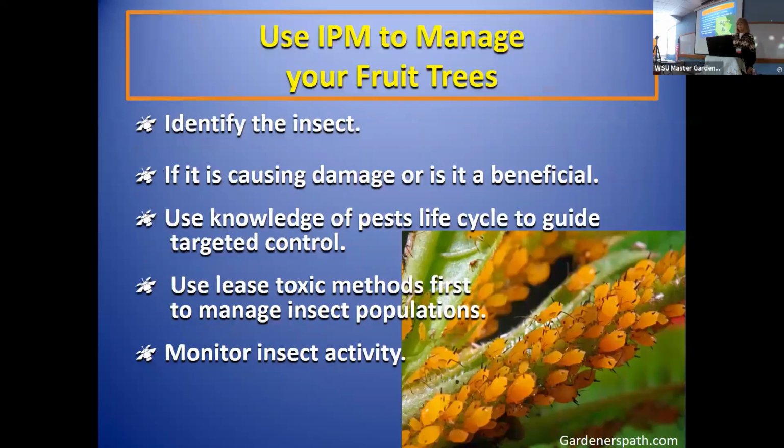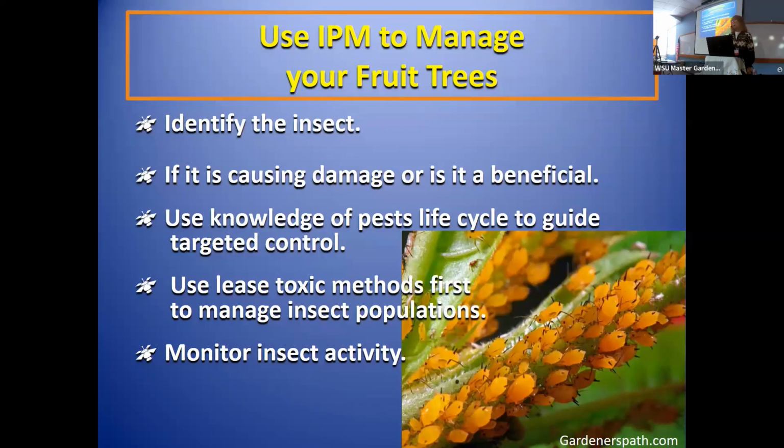So once again, just in summary, you want to identify your insect. Is it a pest or is it a beneficial? You want to use the knowledge of the pest life cycle to target control. And then you always use the least toxic methods first to manage insect populations.